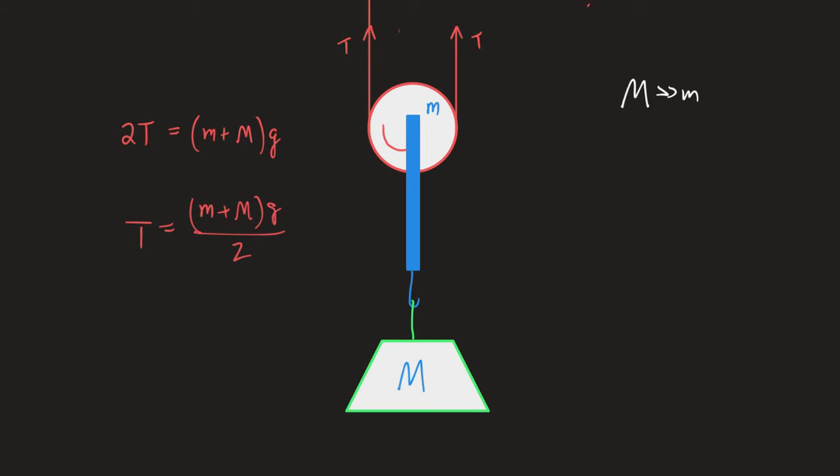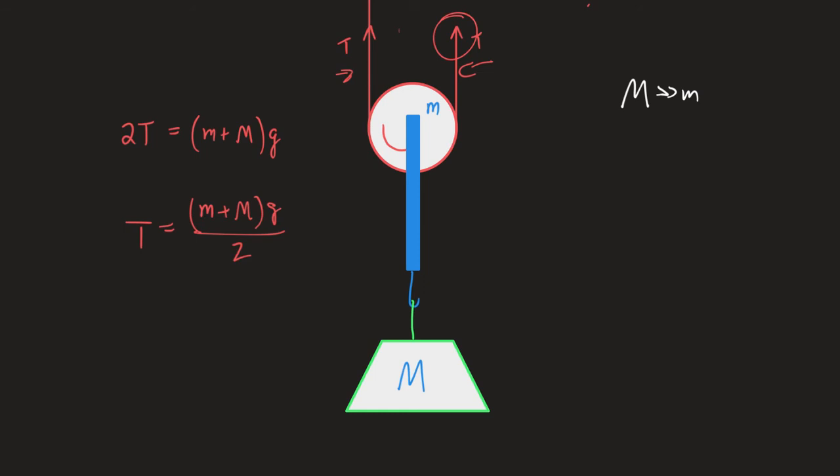The problem is that it's at the expense of distance. If I retract 1 meter of rope upwards, the weight will only go up half a meter. Right? If I pull upwards on the rope 1 meter, this isn't going to go up an entire meter. It's going to go up half a meter because half of the meter of rope came from this side. The other half of that rope came from this side.